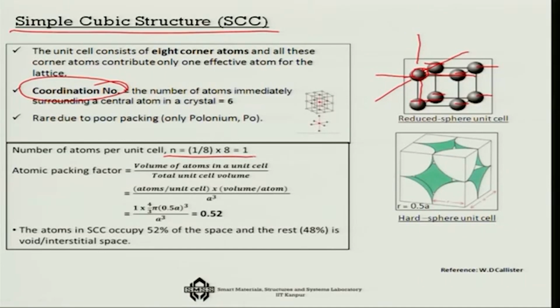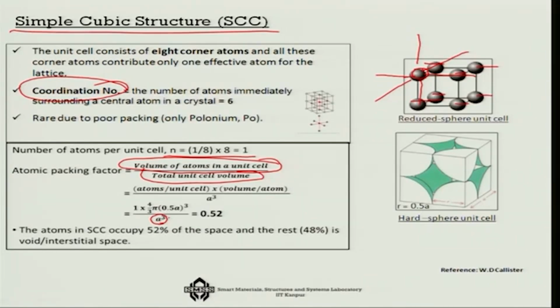And the atomic packing factor, how do we calculate it? It is the volume of atoms in a unit cell divided by the unit cell volume itself. In this case it is a cubic lattice, so if one typical geometric dimension is a, then the volume is a cube.